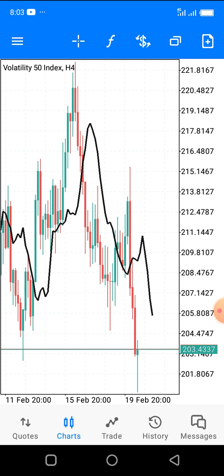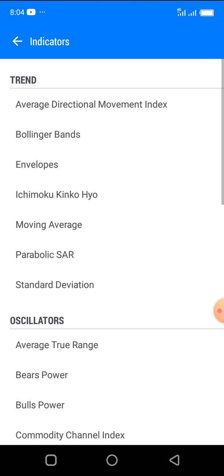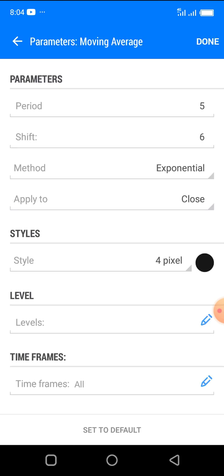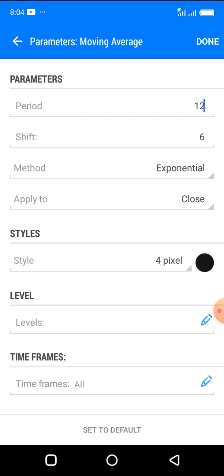Then I click on the F symbol on the main chart, the F plus again, moving average. Now the second one is the 12 period moving average. Again, shift will be 6, method exponential, apply to close, and I'm going to choose another color so I won't be confused.